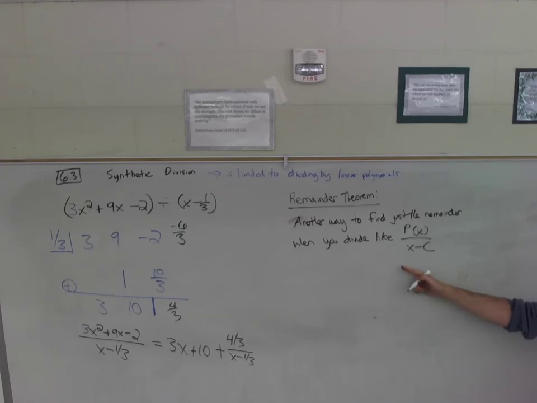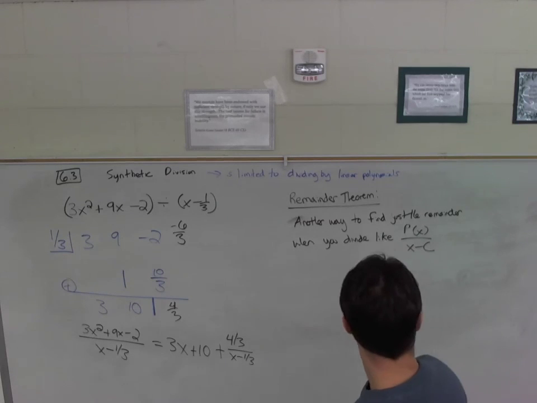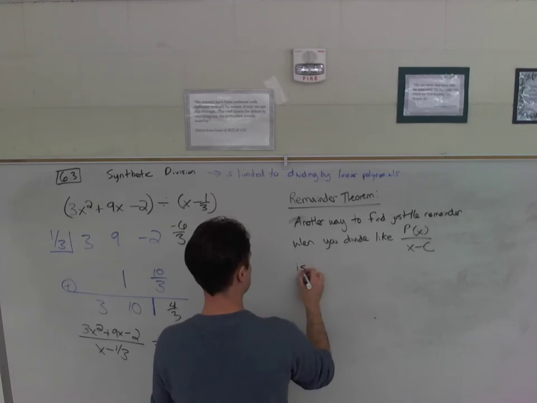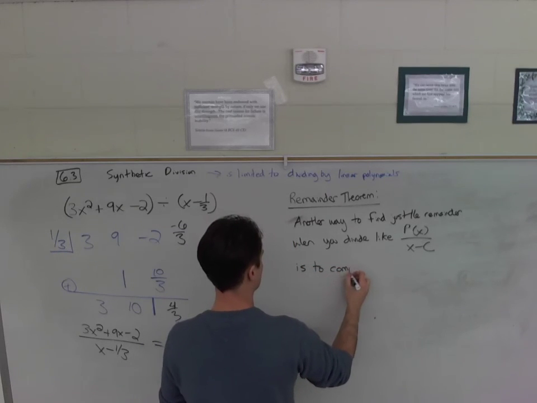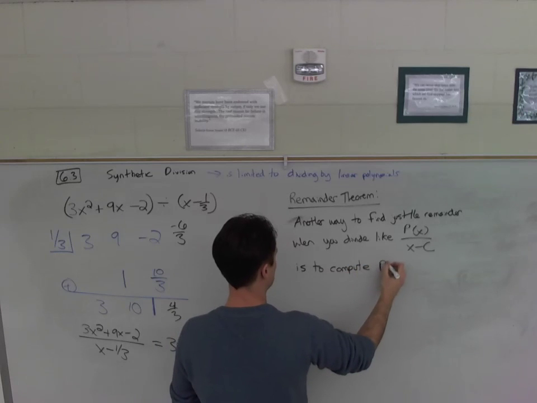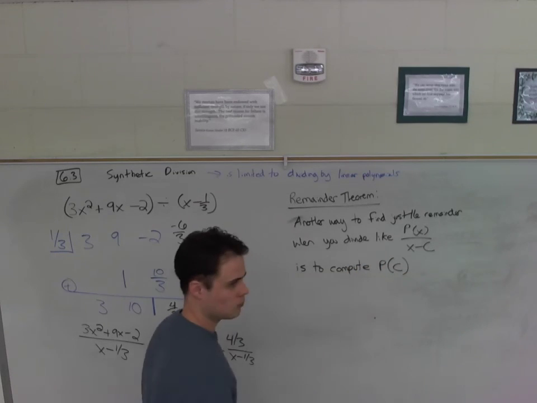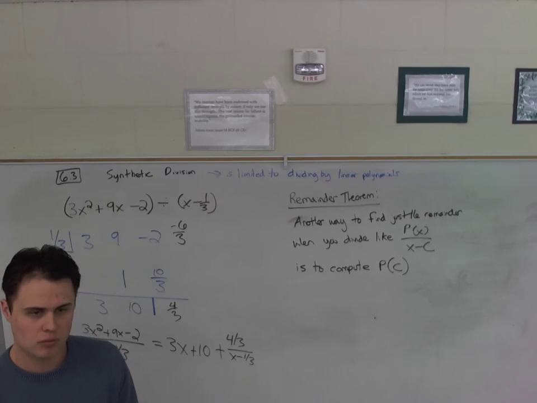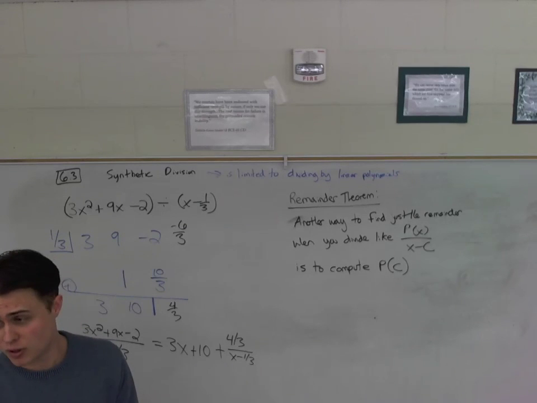So it says another way to find just the remainder. If you only want the remainder, there's a really easy way to do that without synthetic division, if you like, is to compute P of C. Just stick C into P, and you'll get the remainder. If that's all you care about.